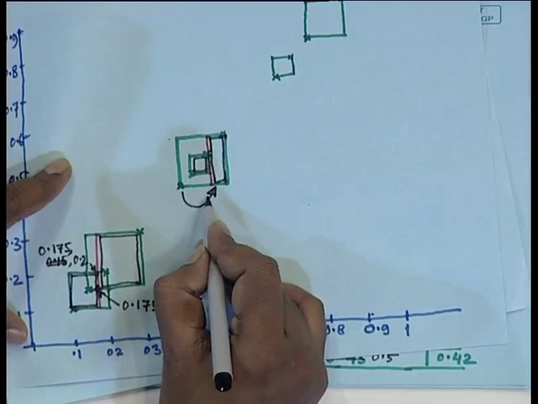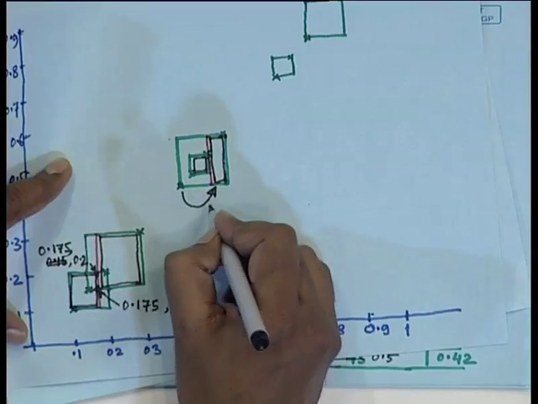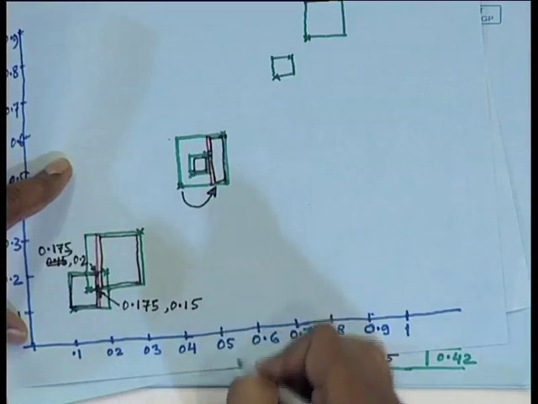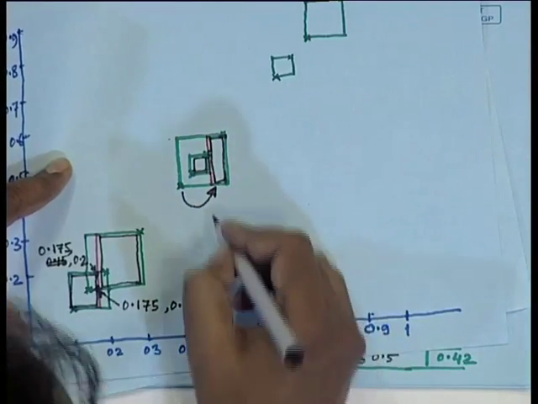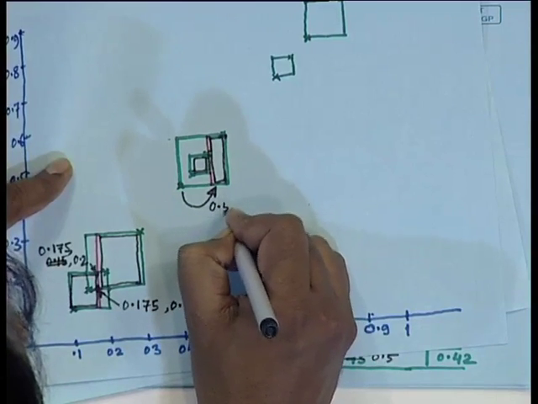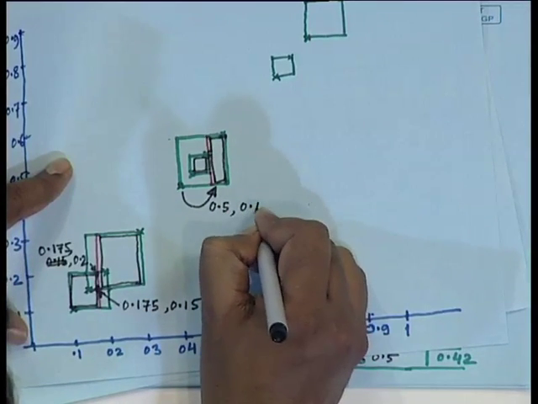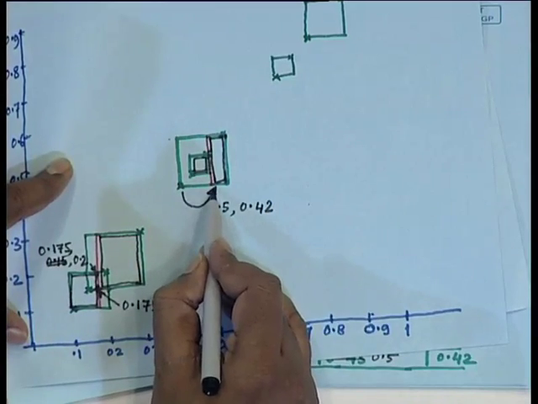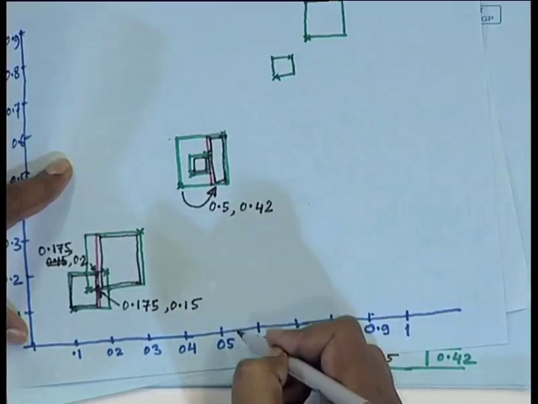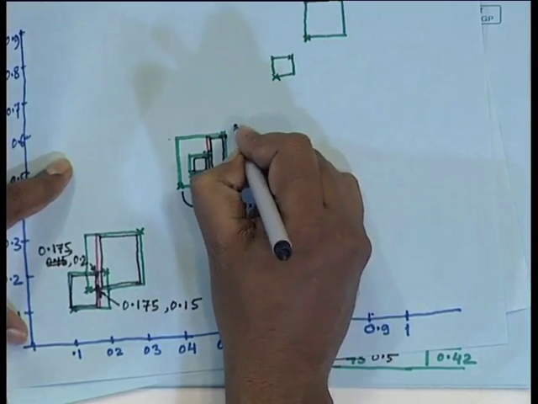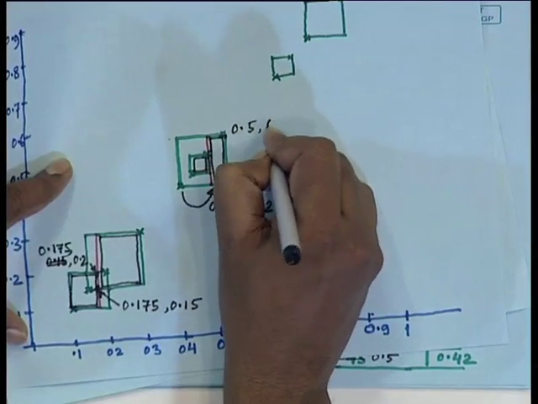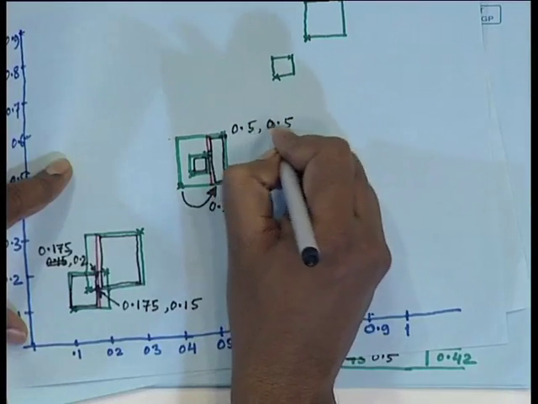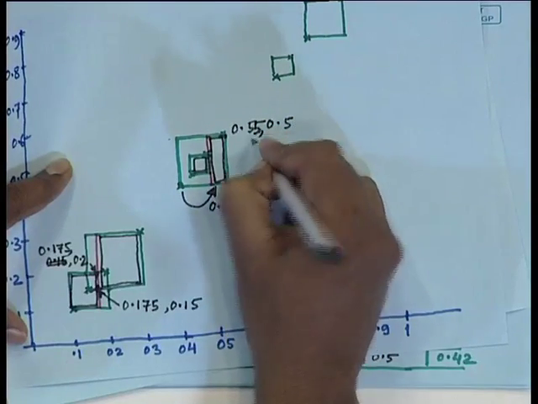So, what is this new min point? The new min point is 0.5, 0.42. Okay. That is the new min point, and the max point is 0.55, 0.55.